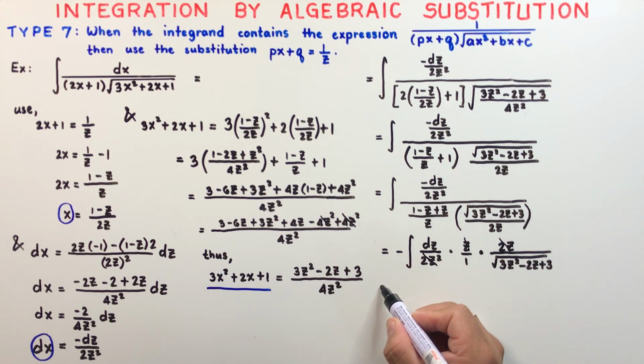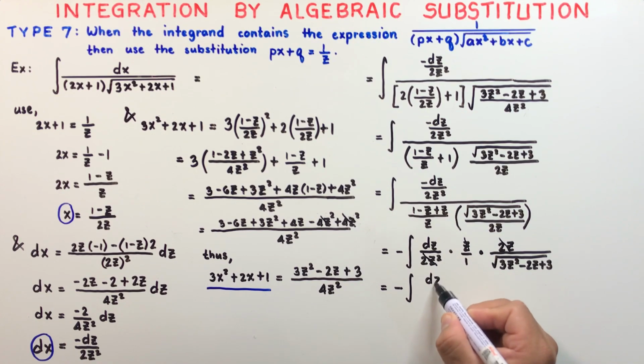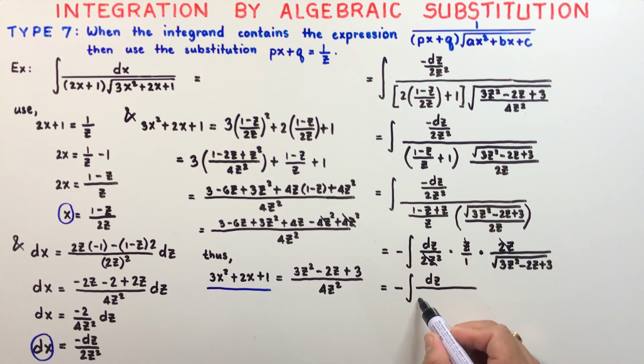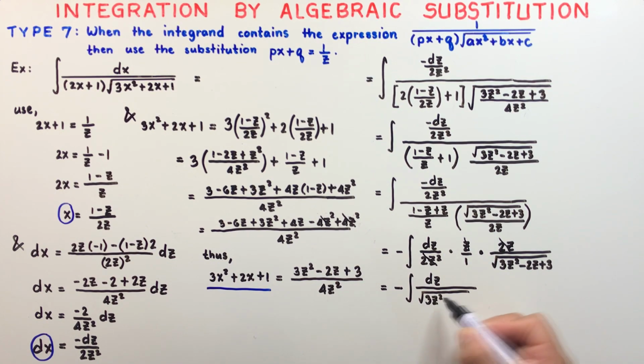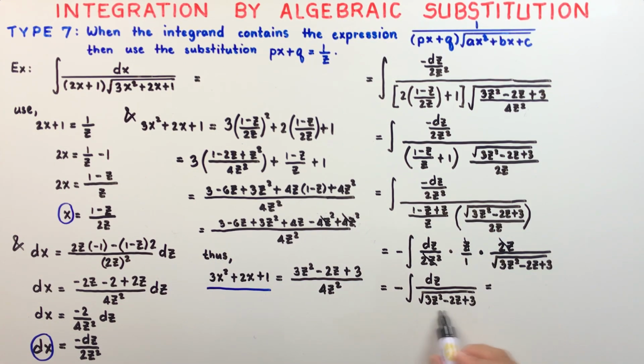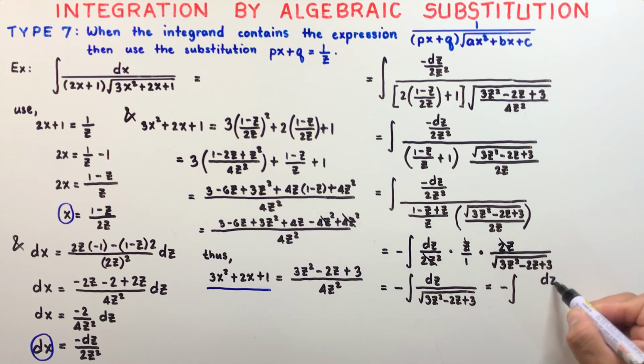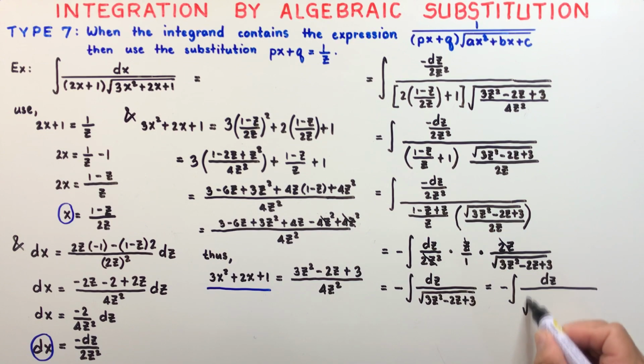So we have the remaining integrand of the integral of dz over the square root of this trinomial here, which is 3z squared minus 2z plus 3. But we can manipulate it a little to make a square in this radicand by multiplying 3 over 3 in this radicand here.